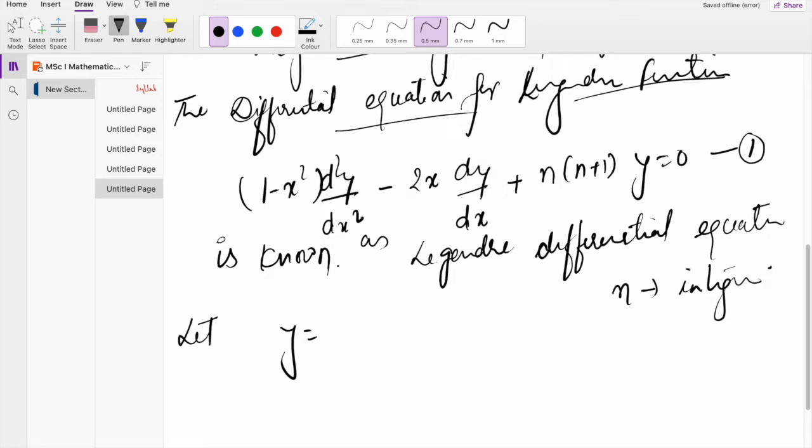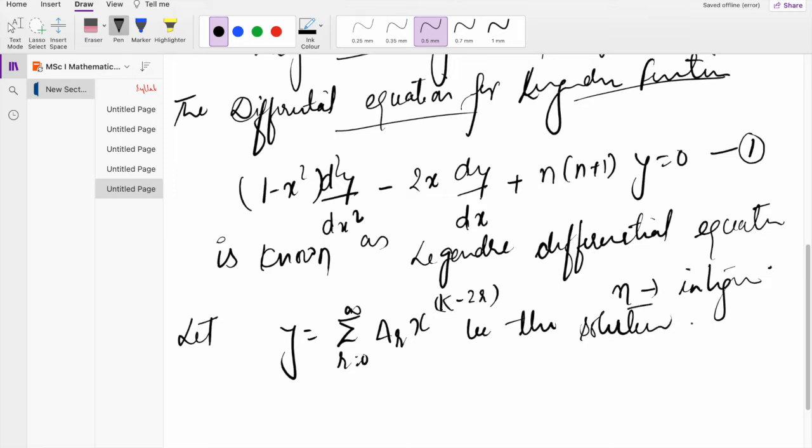Say y, equal to summation r tends to 0 to infinity of ar x to the power k minus 2r in a decreasing order, be the solution for the differential equation. So this is equation 2.